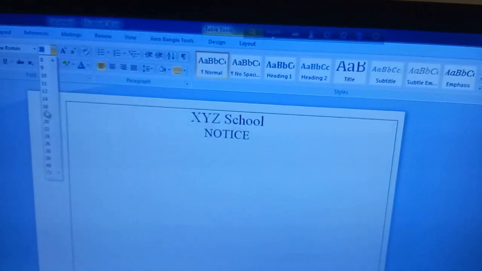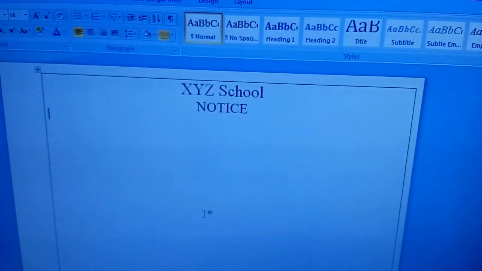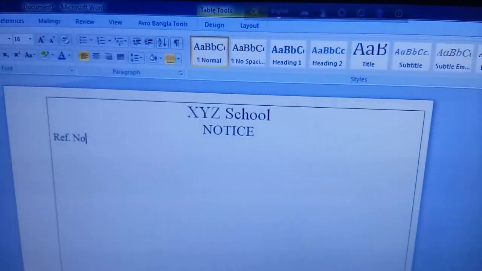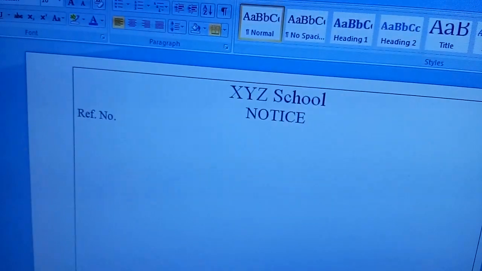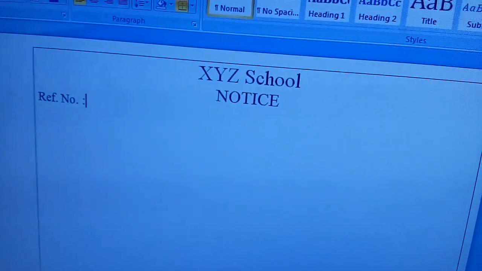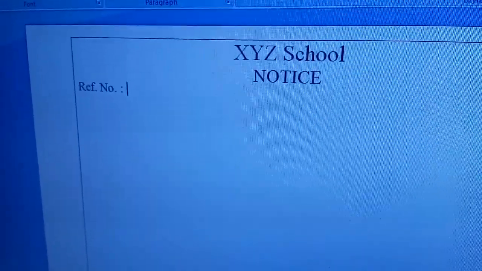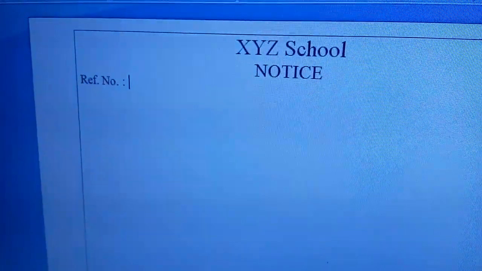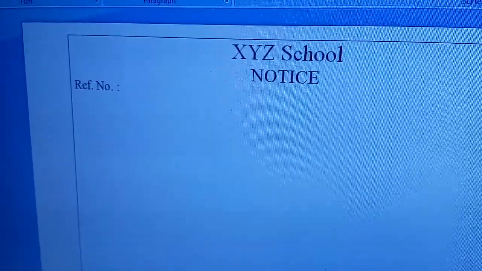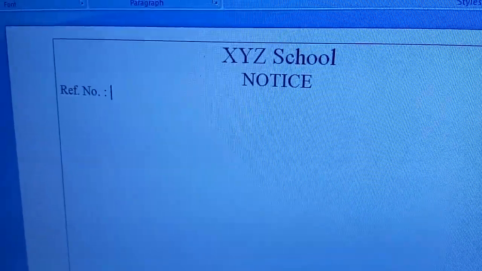Now, here you have to write reference number. Though writing a reference number is not obligatory, still I think you should write it because some examiners prefer this reference number. Reference number is a number, something like that.